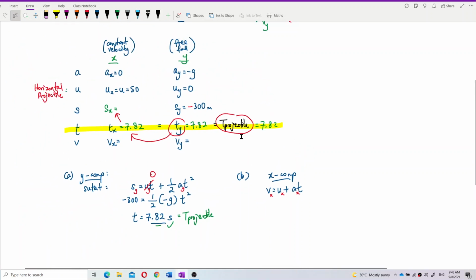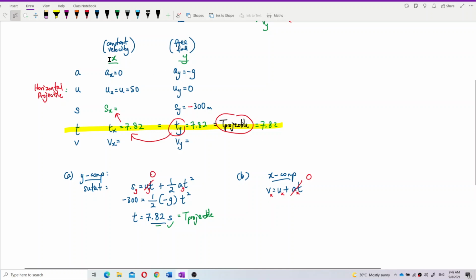Now ax is 0. So what happened? X component, ax is 0, that means 0 acceleration. So Vx is equal to Ux. We already know the final velocity in x is equal to the initial velocity in x. Why?